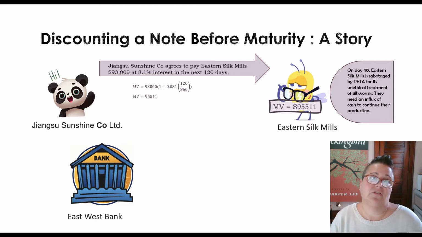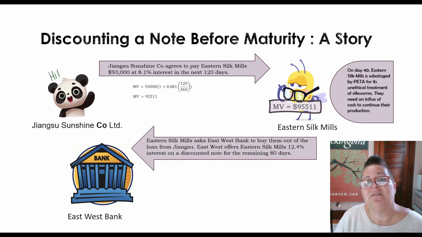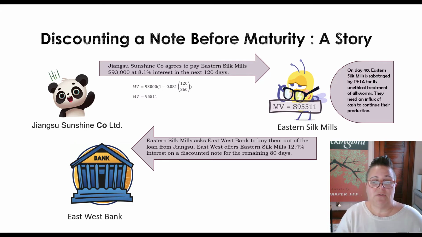So, Eastern Silk Mills takes this loan to the East West Bank and asks East West Bank, will you take over this loan? In another 80 days, Jiangsu Sunshine Company is going to pay $95,511. And if they pay that to you, how much of that would you be willing to give to us?